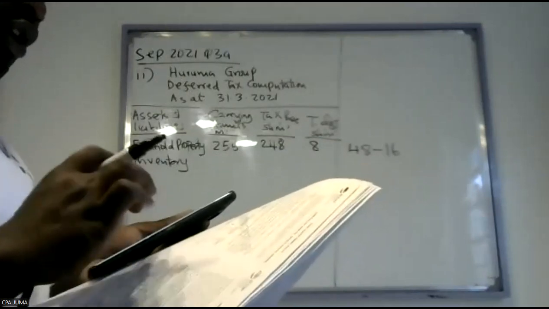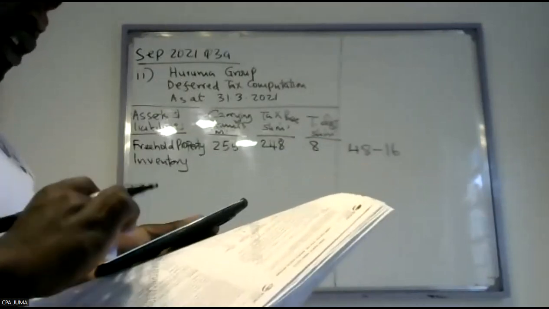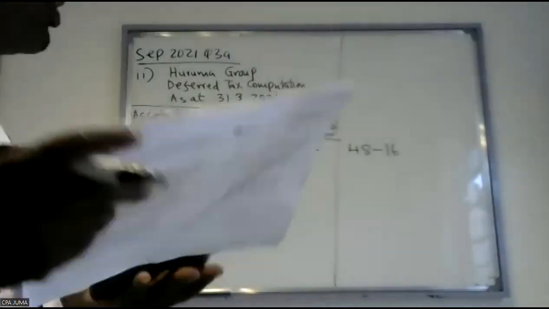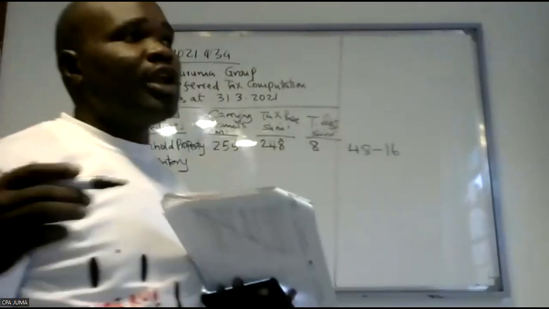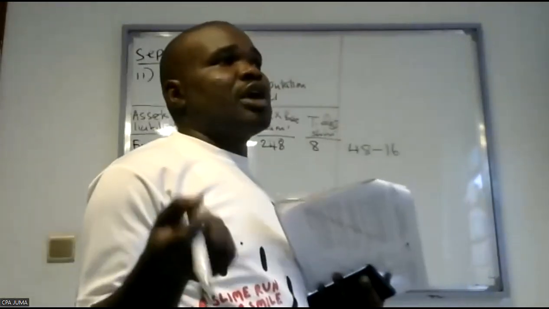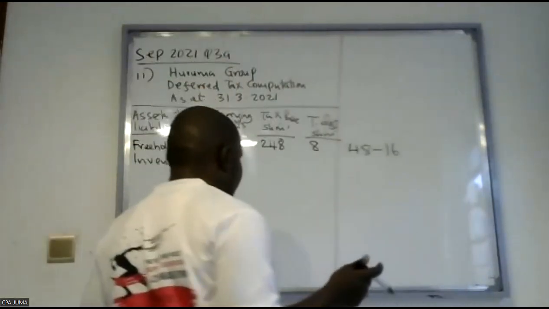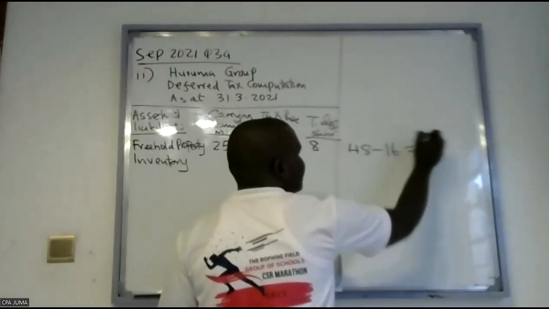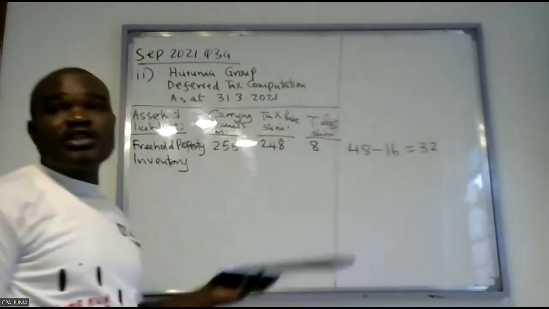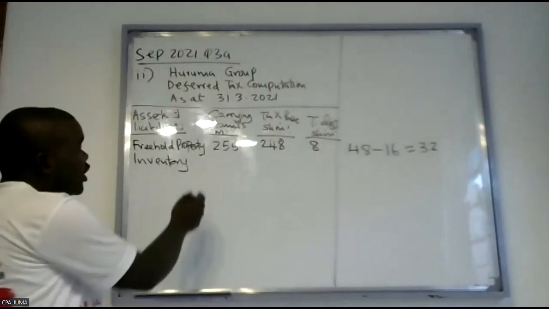Yes, because in any accounting, stock should be recorded at the level of cost. We don't record stock at profit. So take 48 minus 16, which comes to 32. So 32 is what we were supposed to record here.